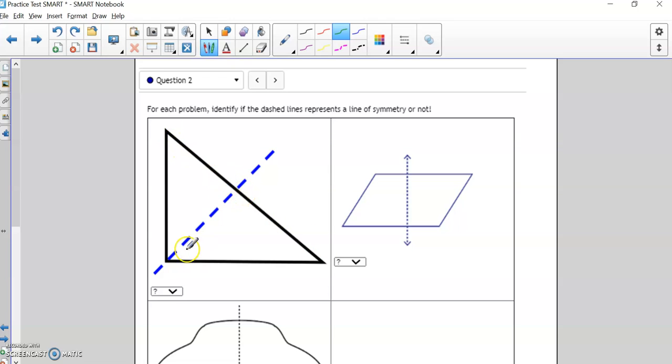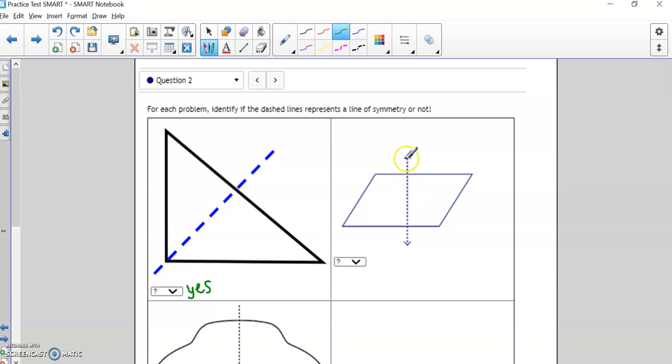But this problem was designed to be a yes question, so just know that on the test, our pictures won't be so controversial. But, you know, ideally you want to be able to fold on this line and have both sides overlap perfectly. This picture is just a little bit sad.